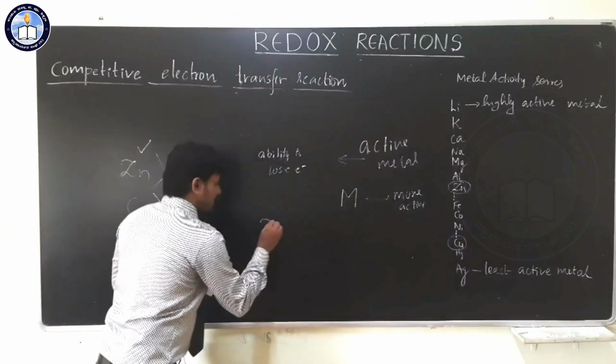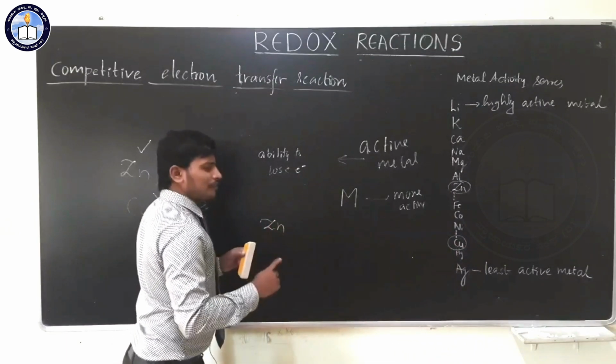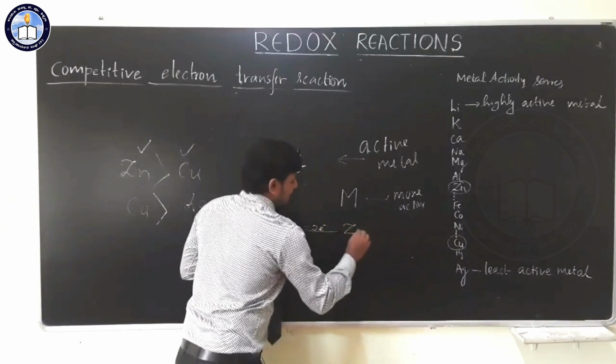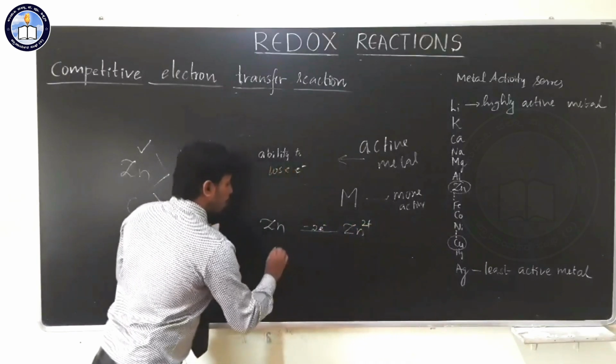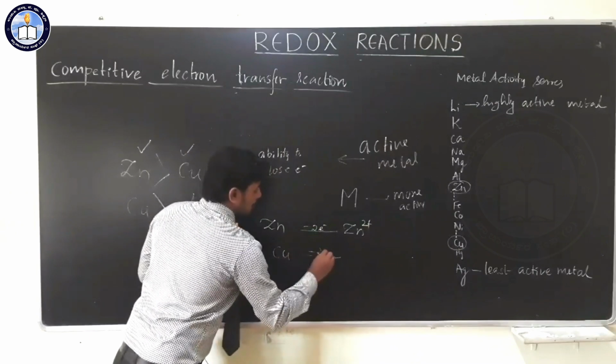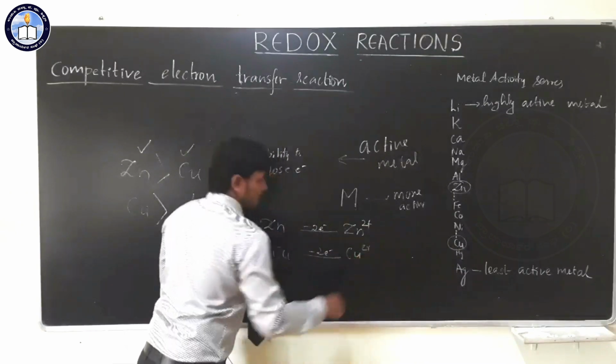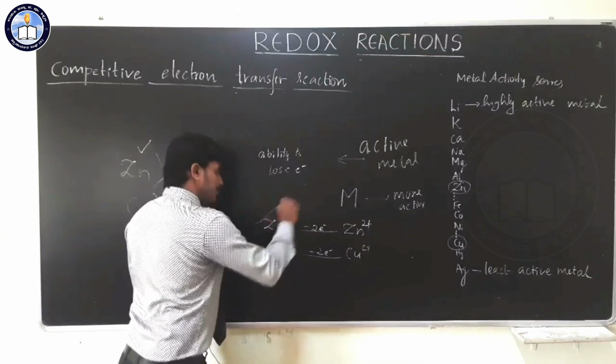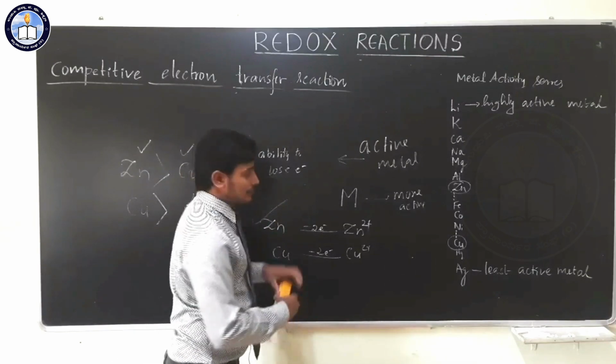That means zinc loses electrons very easily and gives rise to Zn2+, compared to copper losing 2 electrons to form Cu2+. Based on the activity series, when you compare these two, zinc loses electrons very fast.